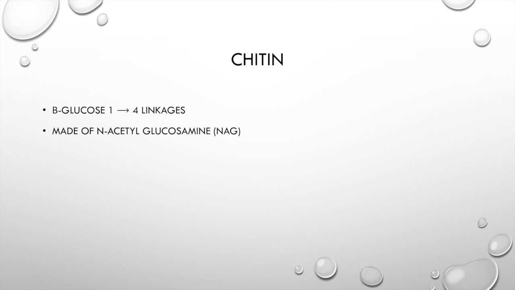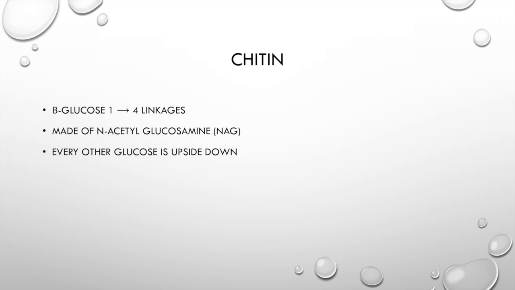Chitin, the last polysaccharide we're going to look at, provides support and protection, and it has long, straight, unbranched chains as the polymer. It contains beta glucose with 1-to-4 linkages, and it's also made up of N-acetylglucosamine, which is NAG. So the subunits of the sugar contain this functional group that has nitrogen in it.